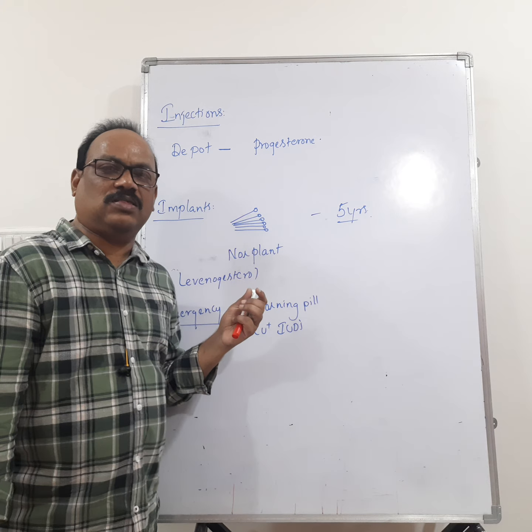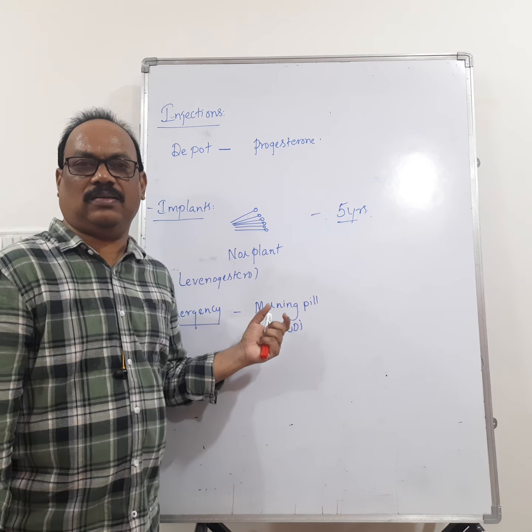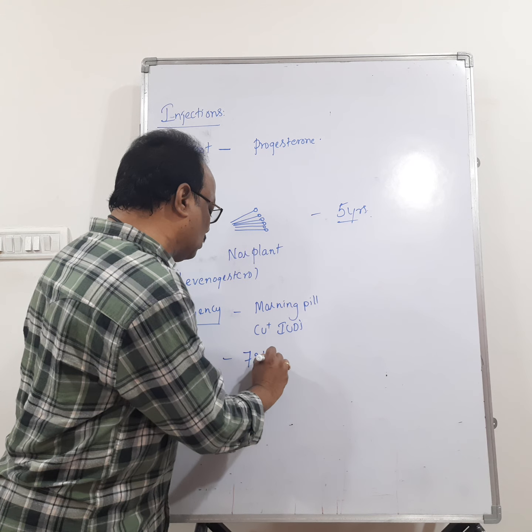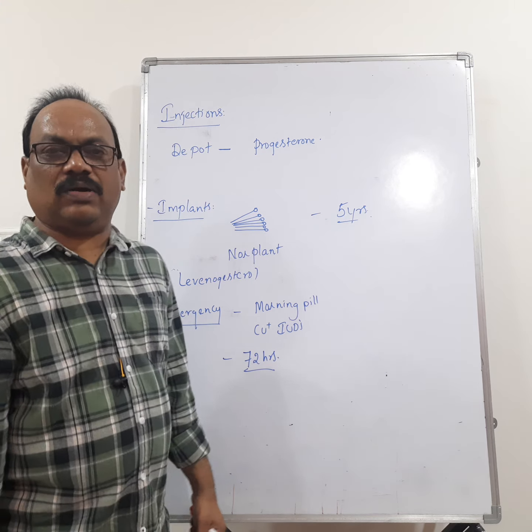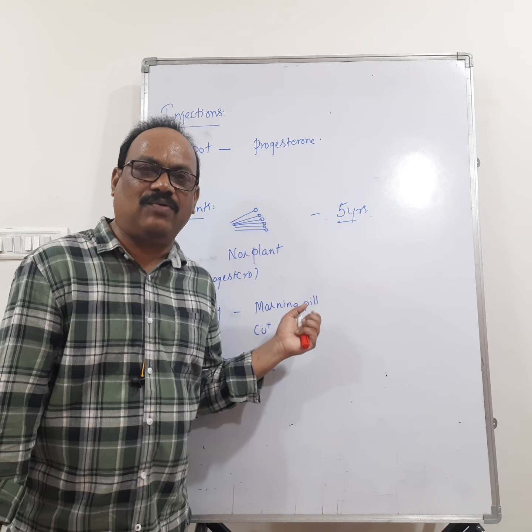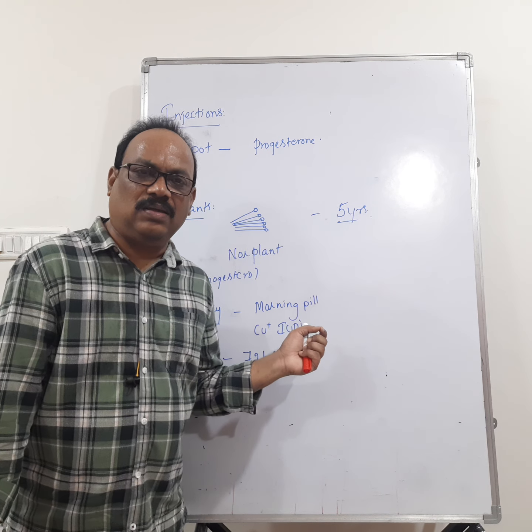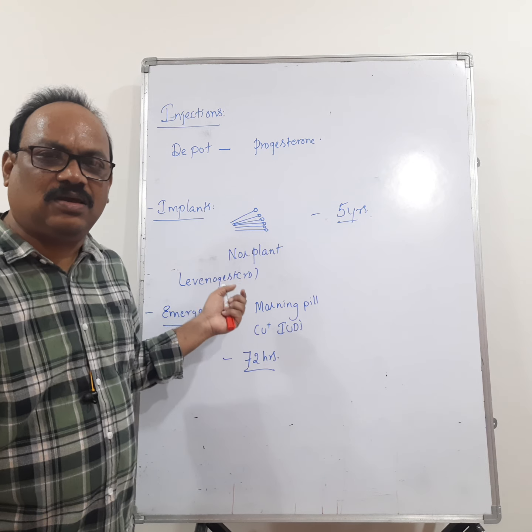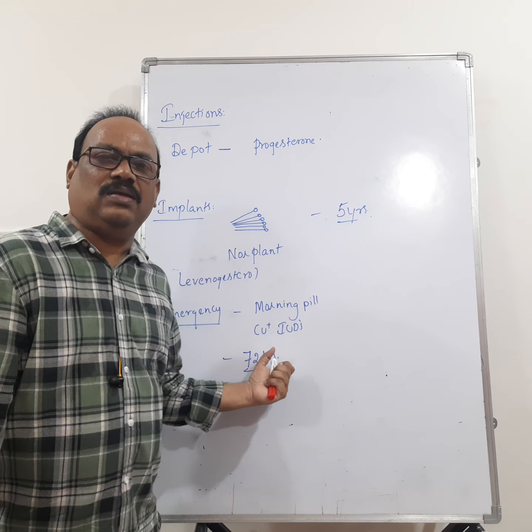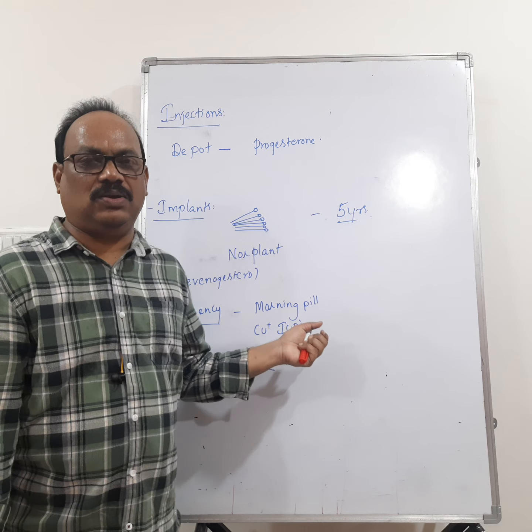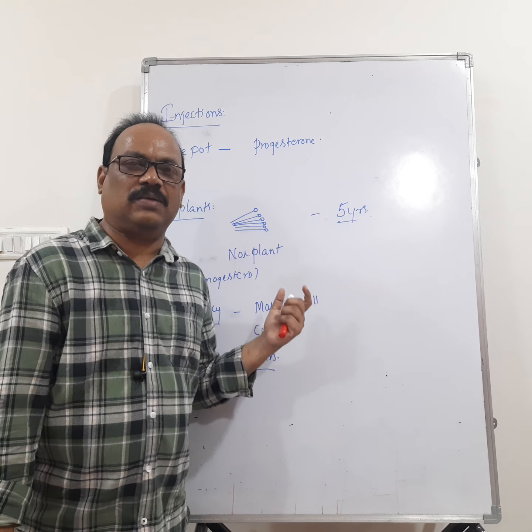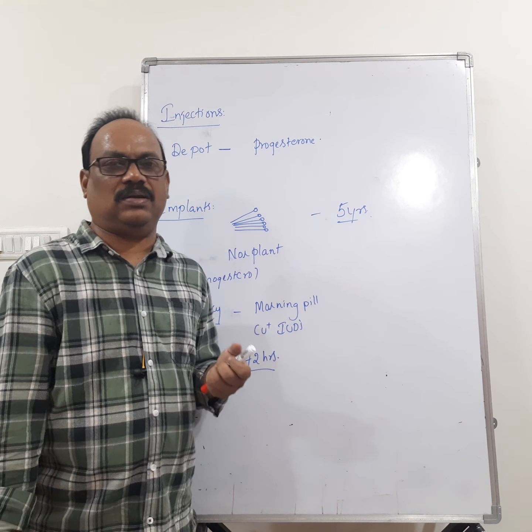The emergency contraceptive pills have to be taken within 72 hours of coitus. If a couple undergoes sexual intercourse and is afraid of pregnancy, to prevent that, they should take emergency contraceptive pills like the morning pill, or immediately get an IUD inserted. Then they act as emergency contraception and prevent pregnancies.